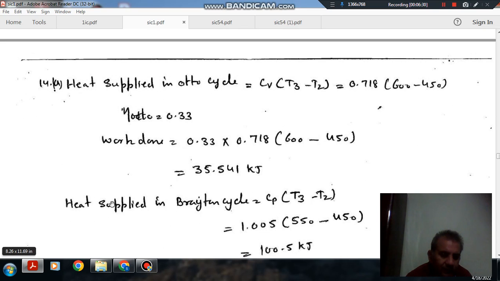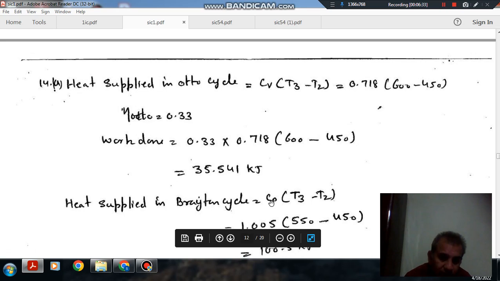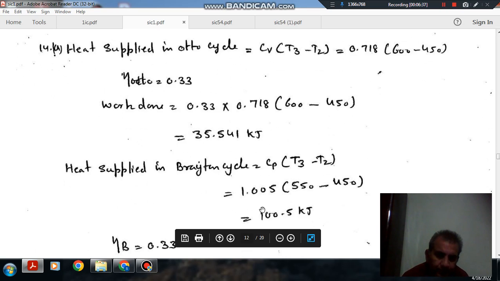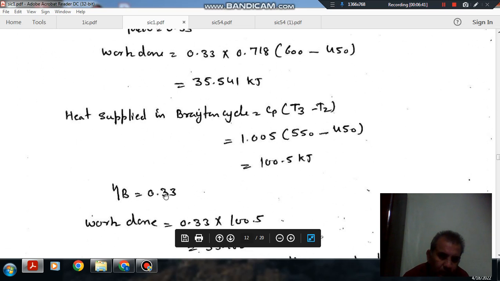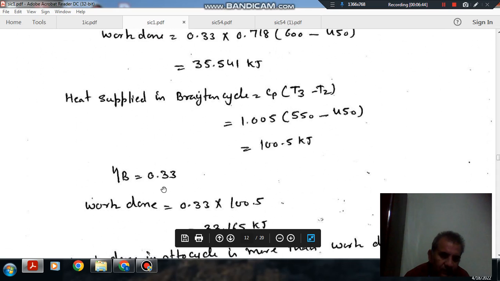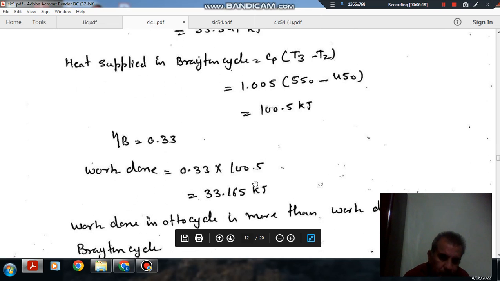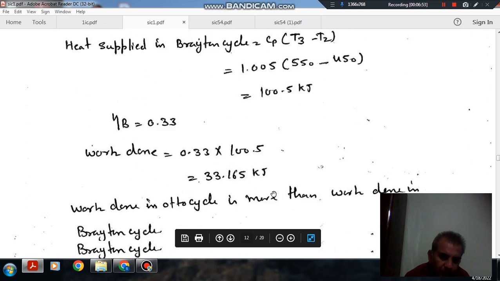In the Brayton cycle, the heat is supplied at constant pressure, and T3 and T2 are known, so the heat supplied is 100.5, and the efficiency of the Brayton cycle is also 0.33. So work done will be the efficiency of the Brayton cycle into this heat supplied, that is 33.165 kJ.